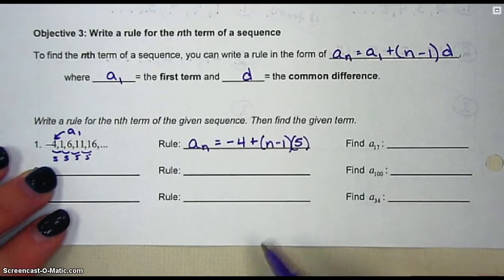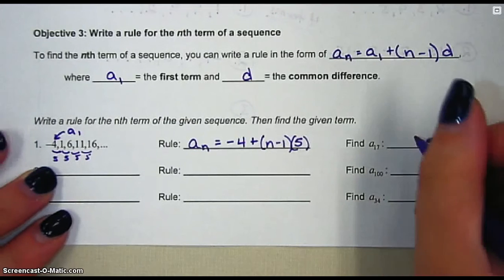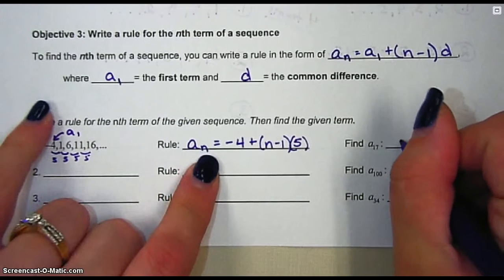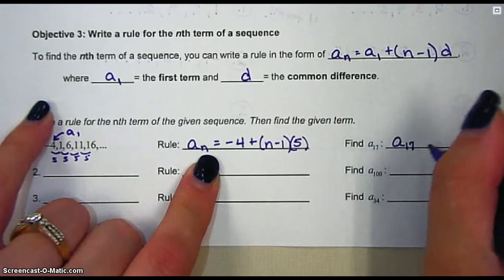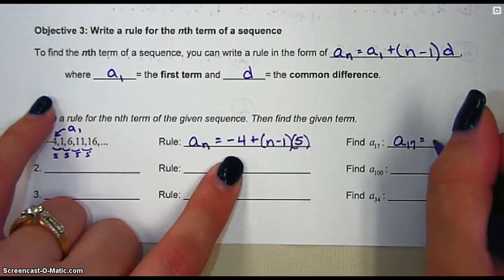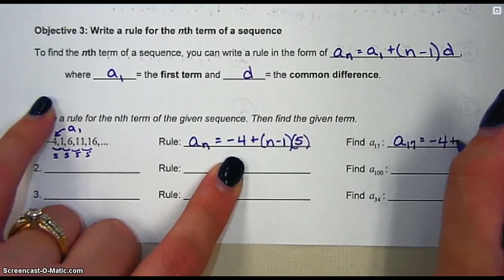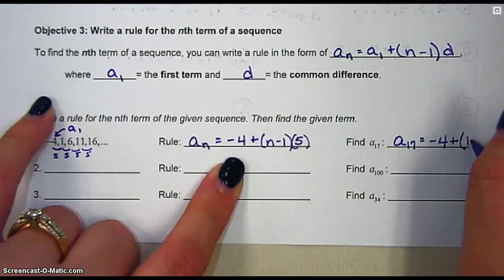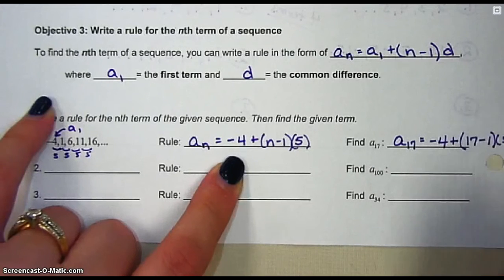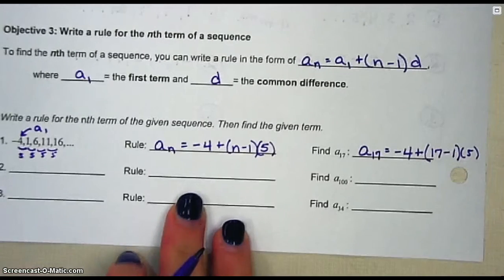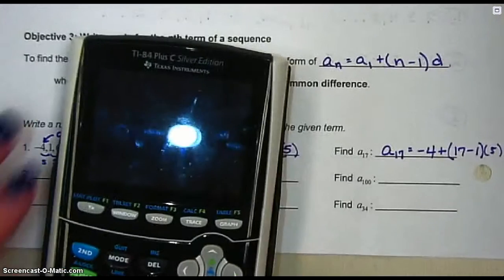Then it says find a sub 17. That means find the 17th term. So where that n is, we're going to put the 17. So -4 plus 17 minus 1 times 5. Then honestly, we can just use our calculator to crunch those numbers.